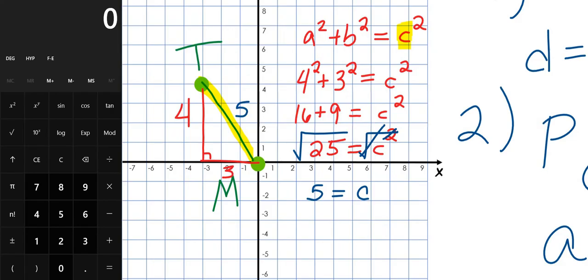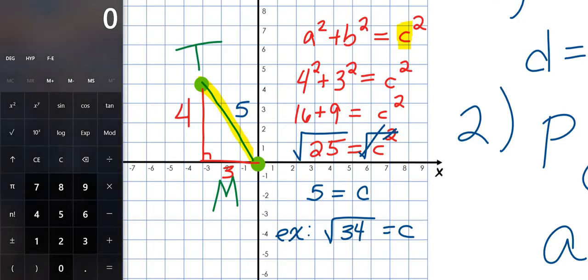For example, this is not what's happening here, but if it was the square root of 34 that you get at the end to equal c, 34 is not your length. It's the square root of 34. So I'm going to go to my calculator here, and I'm going to type in square root of 34, and you'll see it's about 5.83, yada, yada, yada.